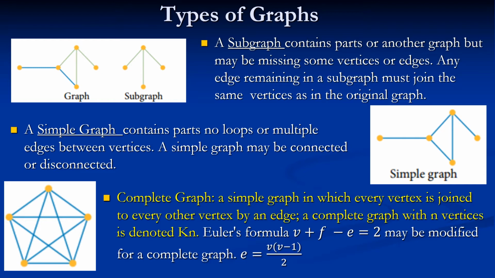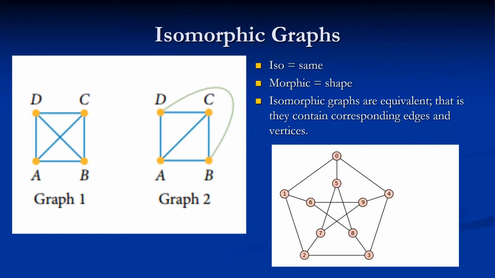A complete graph with n vertices is denoted as K sub n, and Euler's formula can be rearranged to say the number of edges is the number of vertices multiplied by the number of vertices minus 1, and then all of that over 2. An isomorphic graph, if I break this word down, iso just means the same and morphic means the shape.